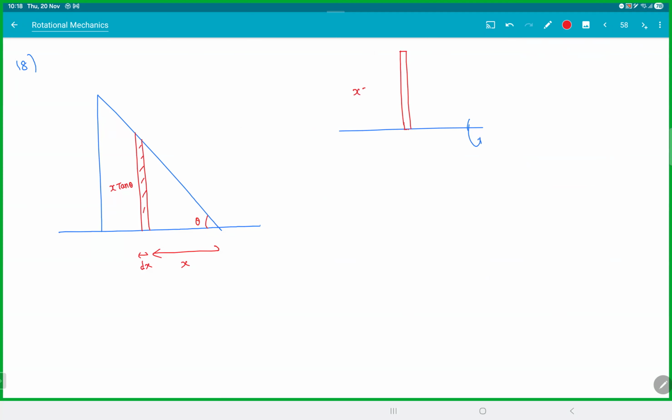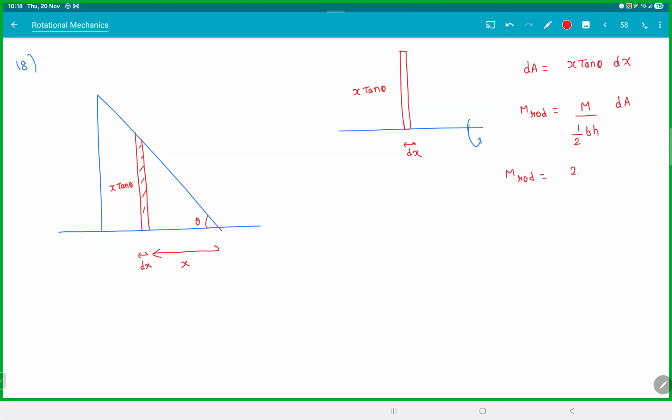So this is x tan theta, that is your length, and the width is dx. So the area of the rod dA will be length into breadth, so x tan theta into dx. So the mass of the rod will be the total mass m by total area of base into height into dA.